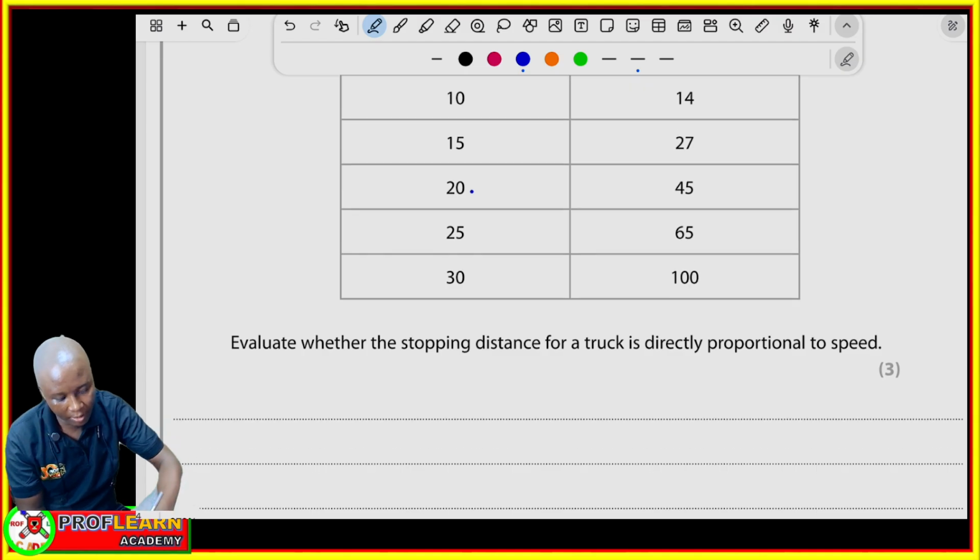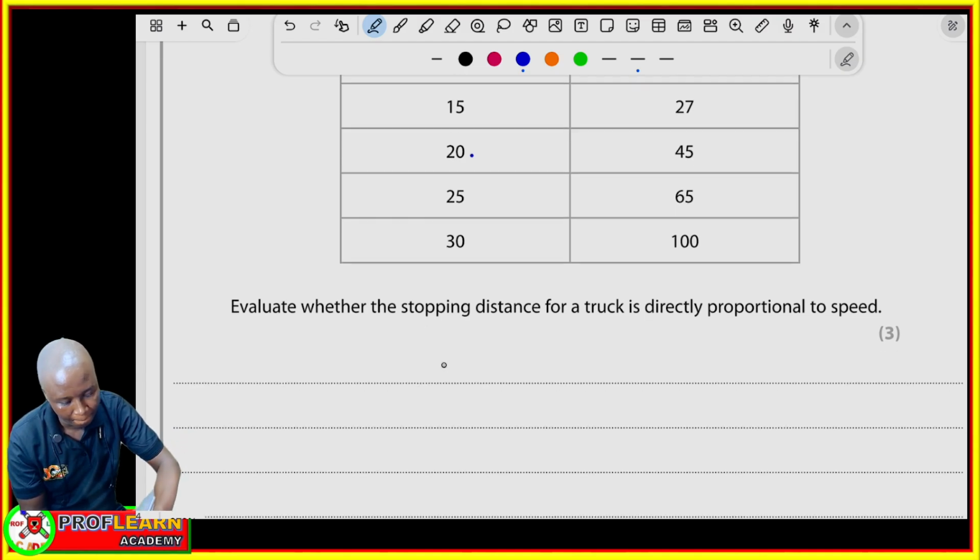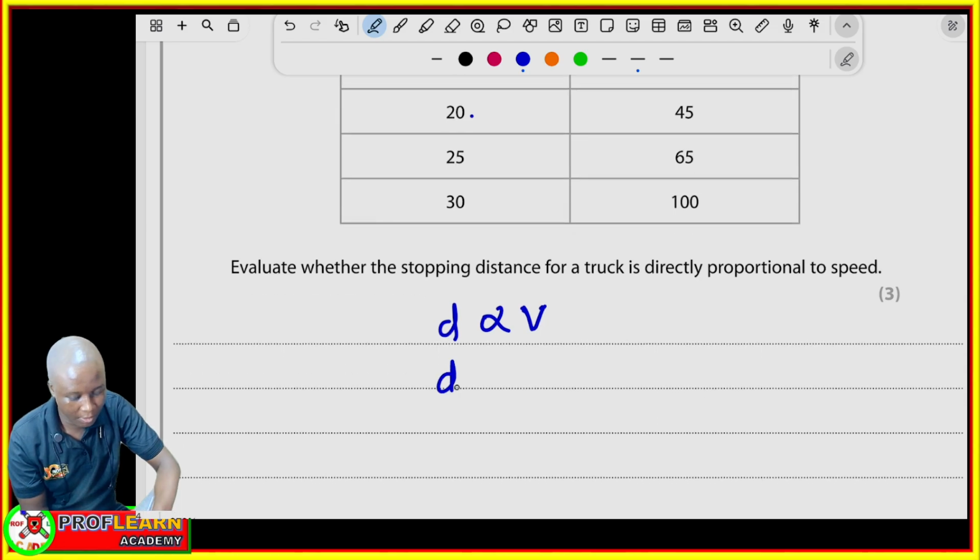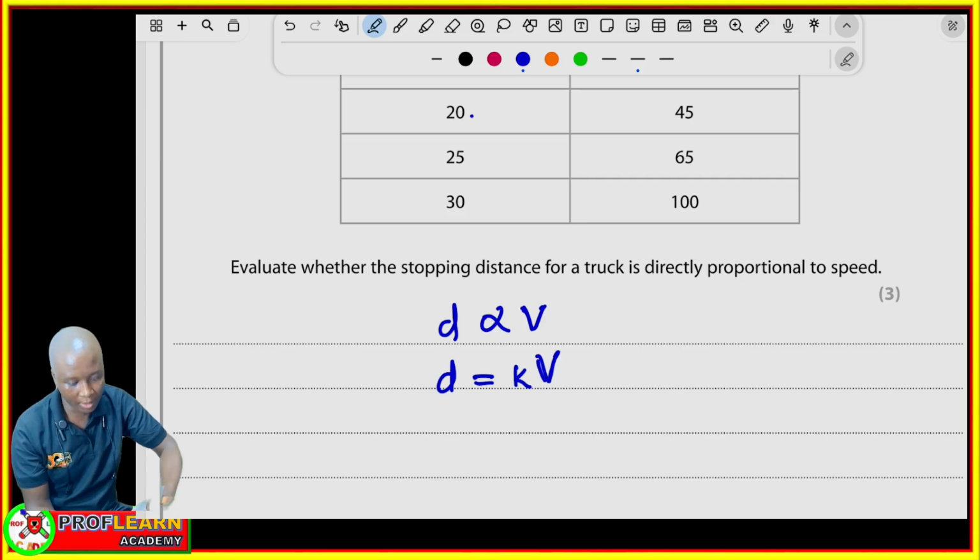If distance is directly proportional to speed, let me use V, then D equals KV, where we introduce the constant of proportionality.